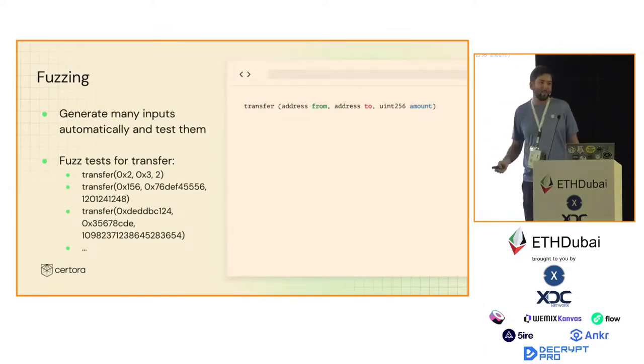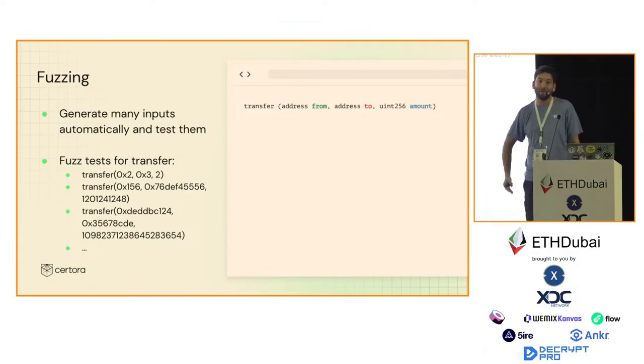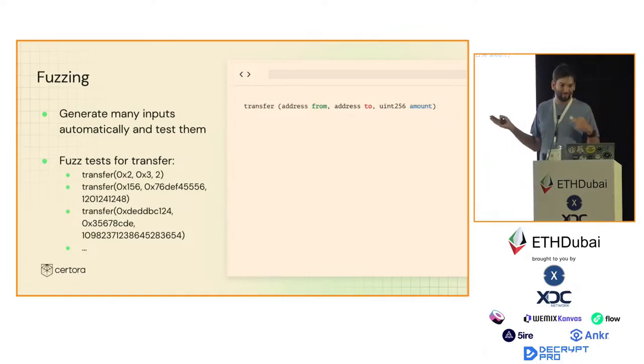When do we stop? We allocate some limit to the computation. Usually it's either a limit on the amount of iterations, the amount of different inputs that we try, or just the amount of time. Try as many inputs as you can in 10 minutes. Obviously, the more resources we allocate to the fuzzing and we don't get an error, the greater will be our confidence that we don't have a bug in the function that we test.